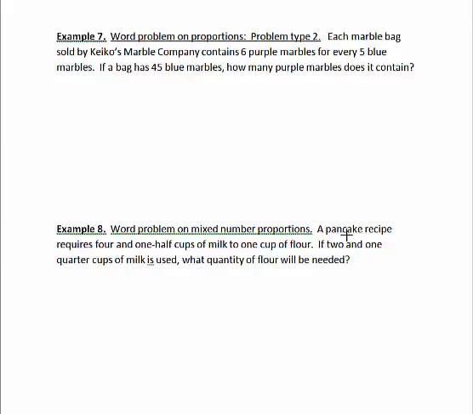Okay, so we have milk and we have flour. So what I'll do is I'll set up my proportion with milk on the top, flour on the bottom, and the same for both the left and the right hand side.